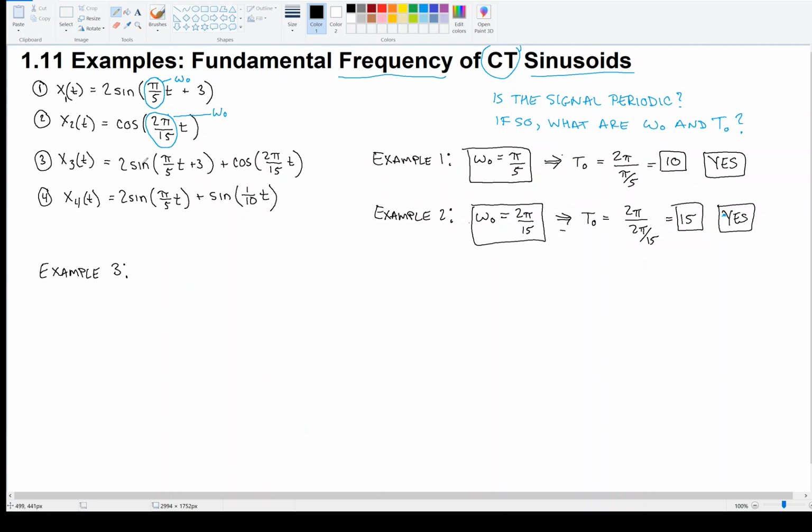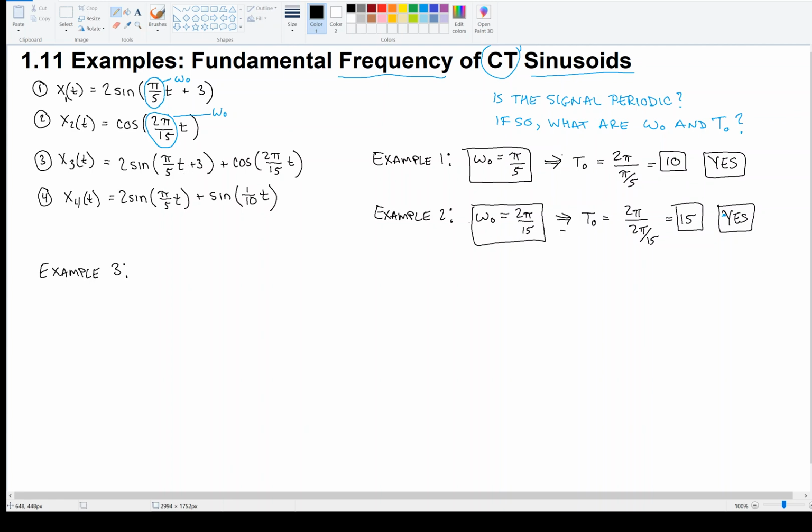But when this one is done repeating, when it's reached the end of its first cycle after 10 units of time, the second one is not at the end of its cycle yet because it takes 15 units of time. Likewise, when this one's done after 15 units of time, the first is midway through its second cycle, and it's not ready to repeat. Do you see what's going on here?